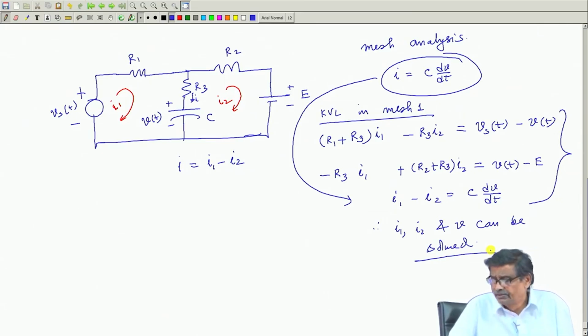Anyway, several problems will be given, and I will conduct a tutorial class also based on this. So, hope you have understood this part of circuit analysis, and we will proceed further in the next class.